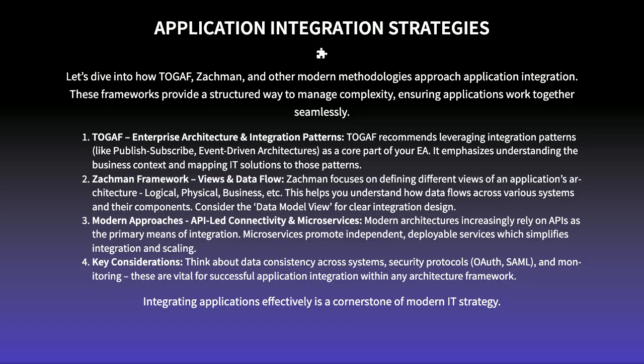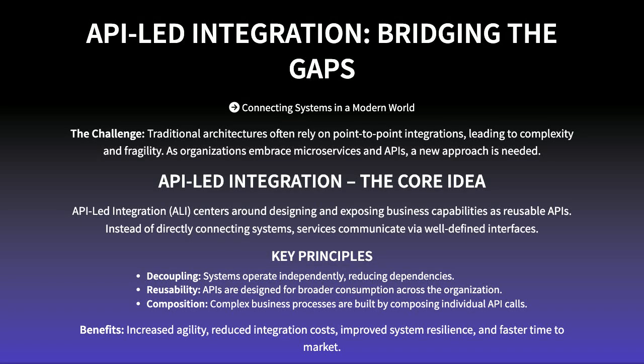It gives a good holistic picture. And today, with API-led connectivity and microservices becoming more popular, we're using APIs as the primary way to connect our applications. Remember that security, data consistency, and monitoring are all hugely important aspects to consider when designing how these systems will work together.